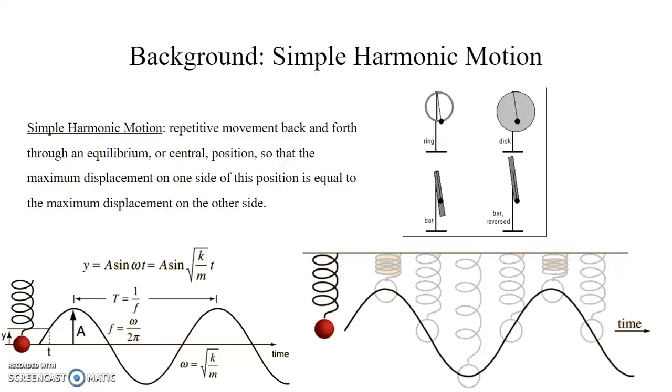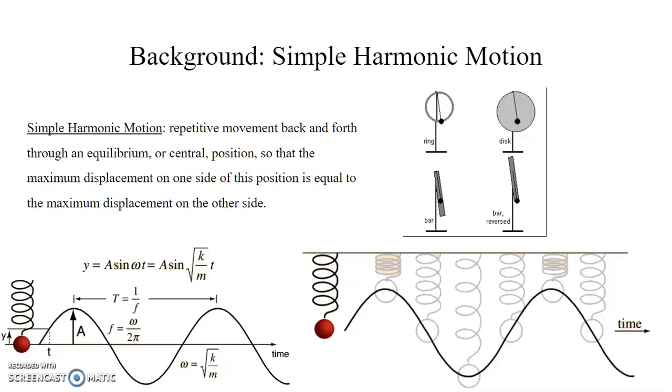As you can see in the bottom right picture, the ball is attached to the spring and it's pushed all the way up to its peak, released to extend all the way out and displace the exact same amount in the opposite direction, and then go back right to where the peak was originally before just continuing this oscillatory motion.